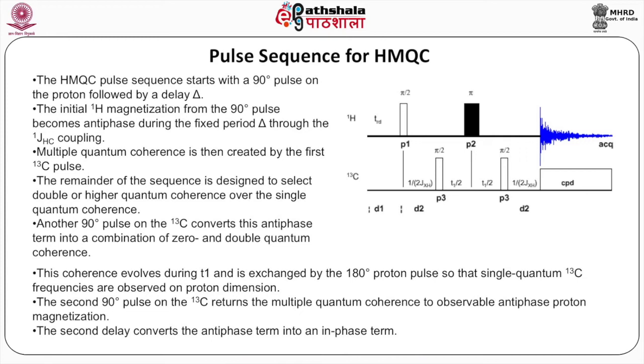Another 90-degree pulse on the C13 converts this antiphase term into a combination of zero and double quantum coherence. This coherence evolves during t1 and is refocused by the 180-degree proton pulse so that the single quantum C13 frequencies are observed in the proton dimension. The second 90-degree pulse on the C13 returns the multiple quantum coherence to observable antiphase proton magnetization. The second delay converts the antiphase term into an in-phase term.